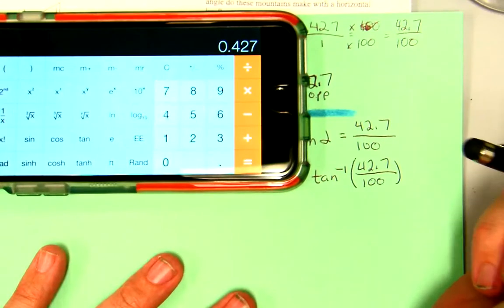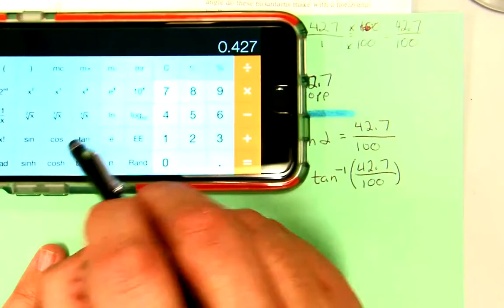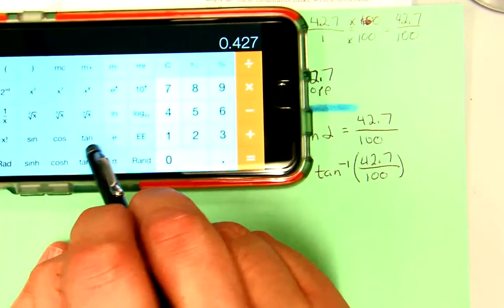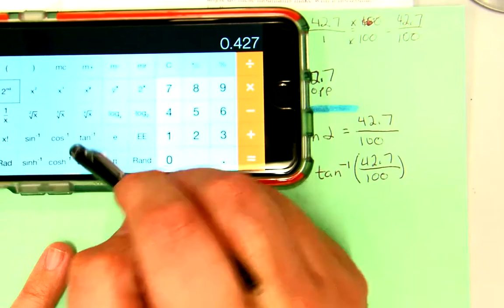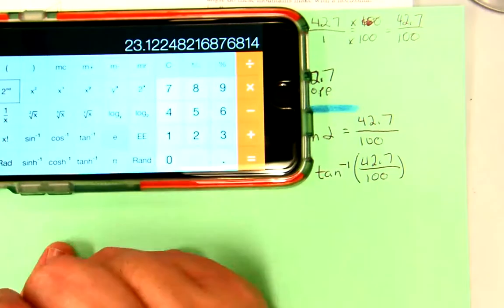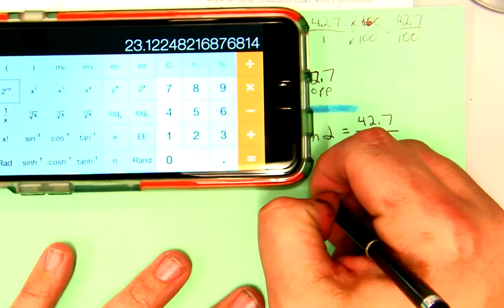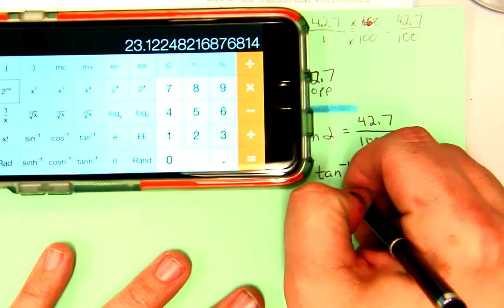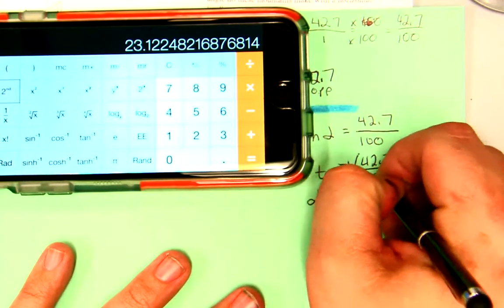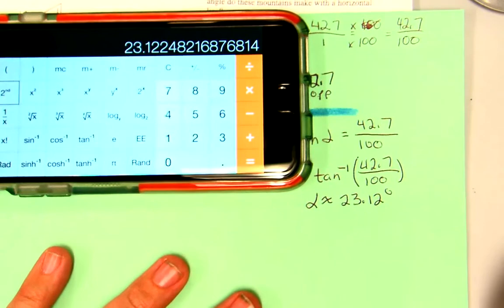That's going to be 0.427. And now I need to get to the inverse tangent. If I hit second, it's going to get me to the inverse tangent. That tells me that alpha is going to be approximately 23.12 degrees.